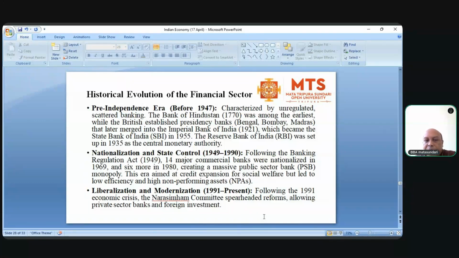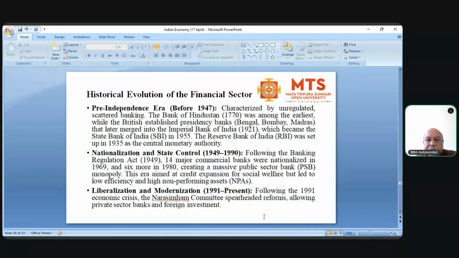And in India, Reserve Bank was set up in 1935. So during this British period, Reserve Bank of India was set up, and at the same time the provincial banks were set up, and later on this bank was converted into State Bank of India.